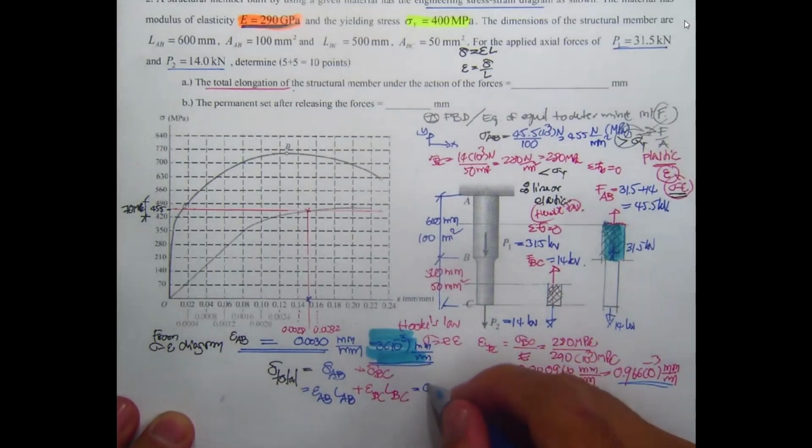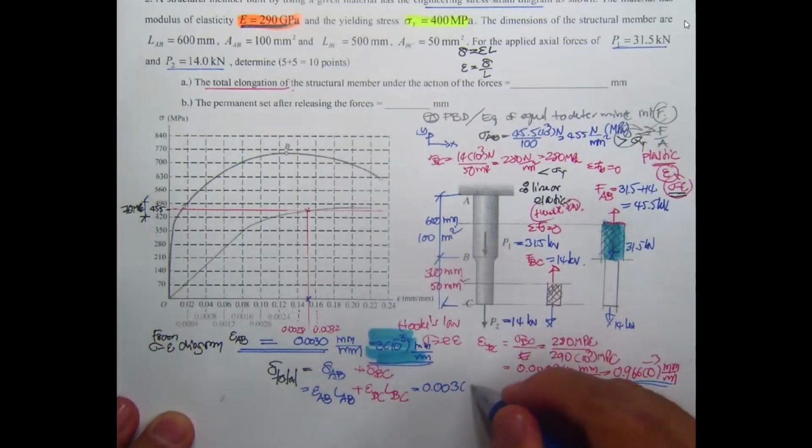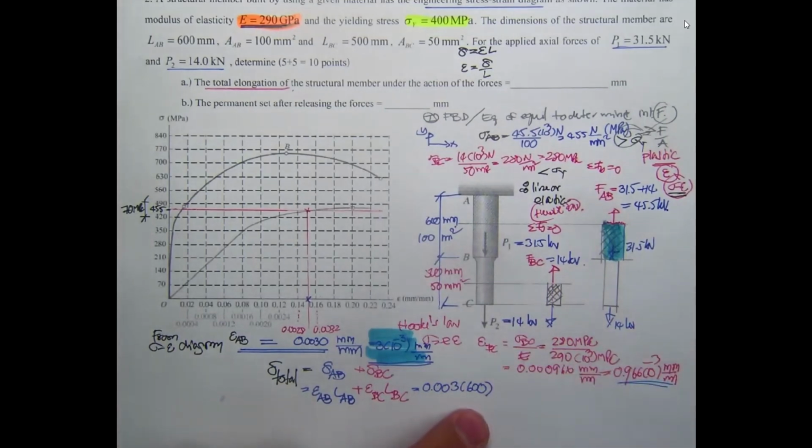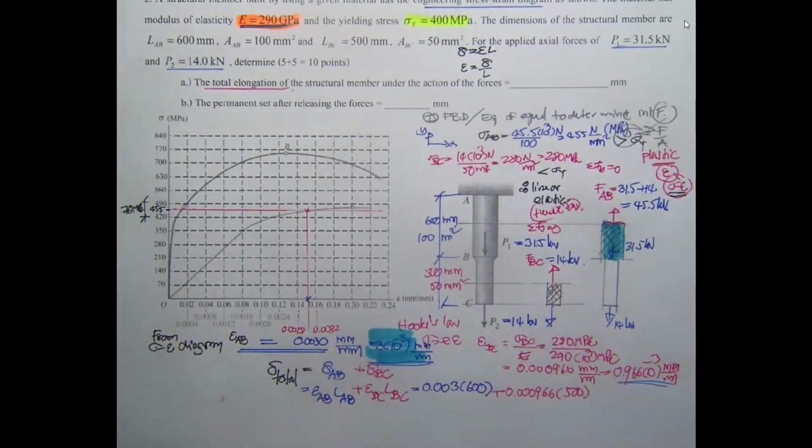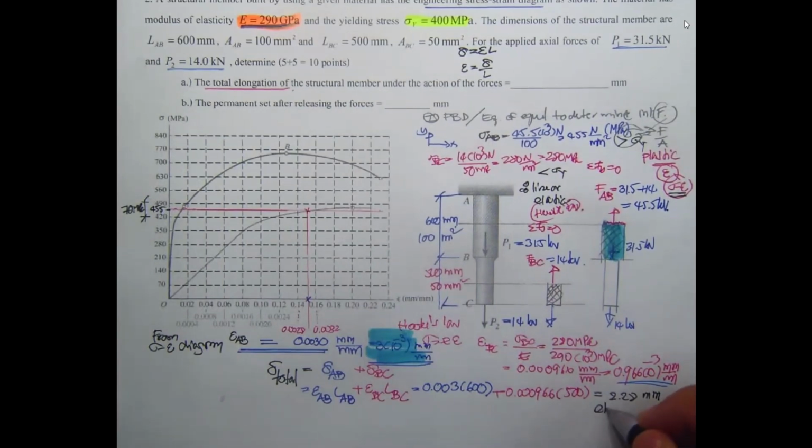So it's going to be 0.003 times 600, and then you have plus 0.0000966 times 500. At the end, you have the total going to be 2.28 millimeter, and this is going to be the elongation.